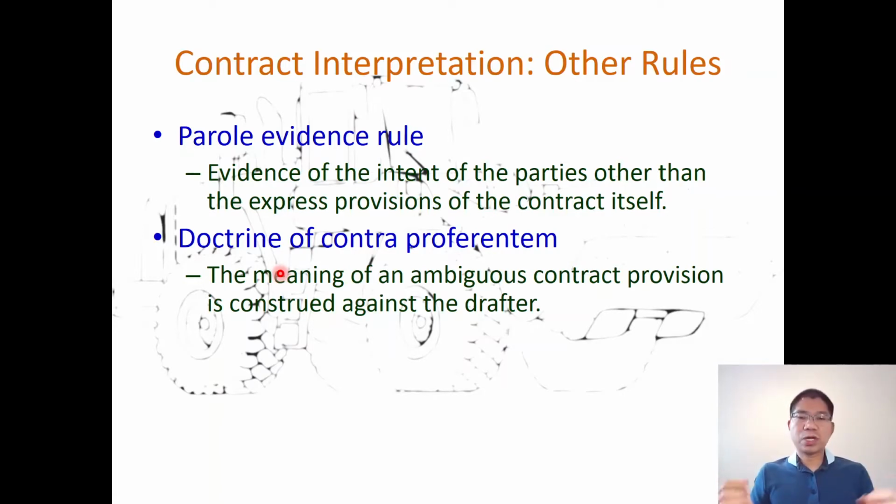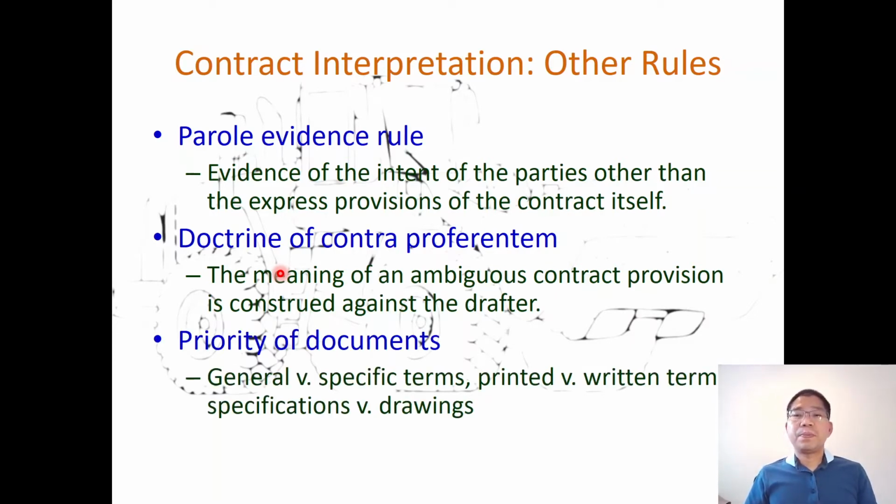So in the contract, there are two parties, one drafts the contract, and if something in that provision is confusing, it tends to be interpreted in a positive way for the party that did not draft the contract, and in a negative way against the drafter. If there are several meanings, it tends to be positive and negative.